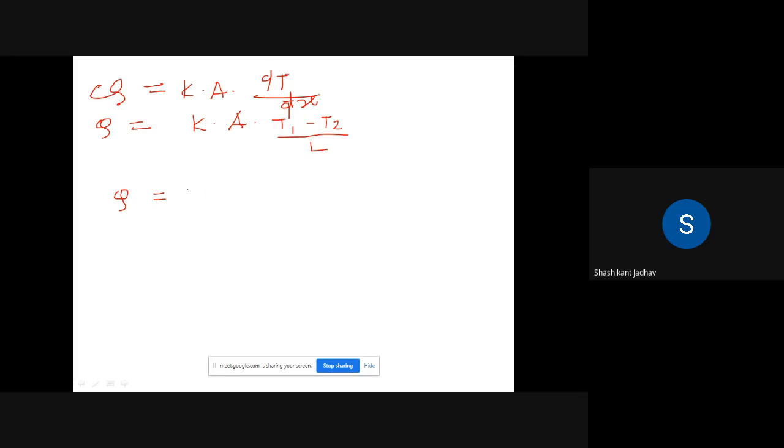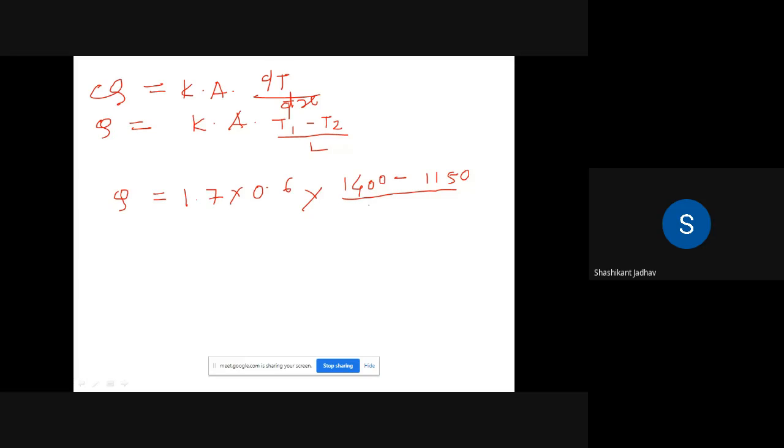From that, Q is equal to, what is the value of K? K is given 1.7, into area 0.6, into T1. What is the value of T1? That is 1400 minus T2, which is 1150, divided by the thickness.